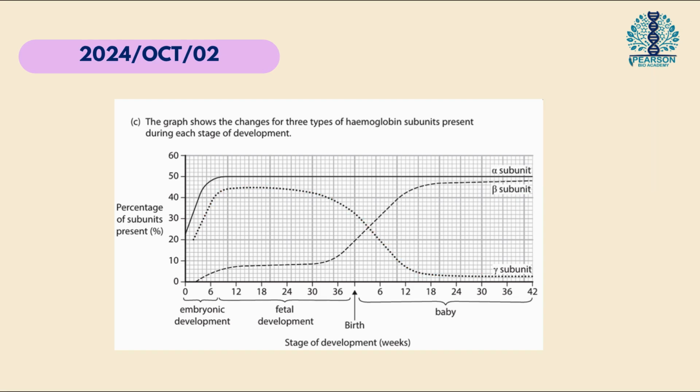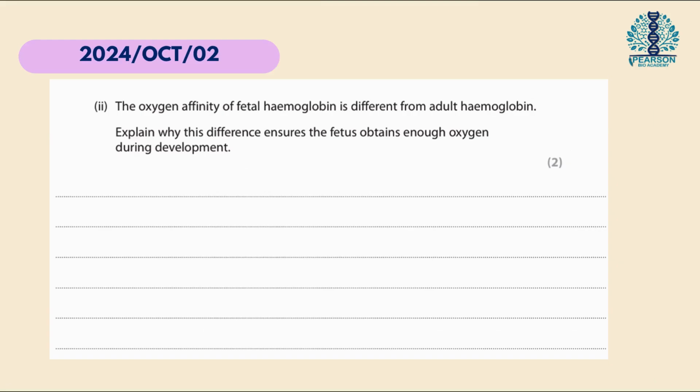And the next part, the most important question. Now let's look at the question first. The oxygen affinity of fetal hemoglobin is different from that of adult hemoglobin. Explain why this difference ensures that the fetus obtains enough oxygen during development.